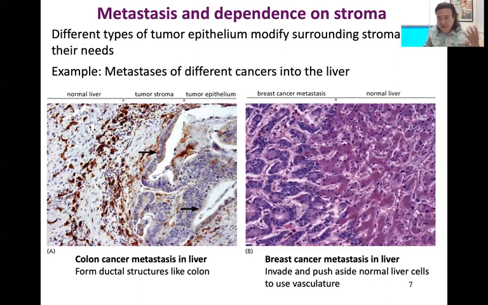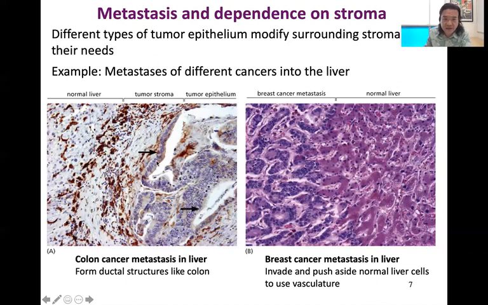On the left, those cancer cells happen to be colon cancer cells, right, that came from the colon and have spread to the liver. And on the right are breast cancer cells that have made their way to the liver, through the circulation, for example. Right? And what we're appreciating here is how different the end result can be. Keep in mind that both of these are taking place in the liver.